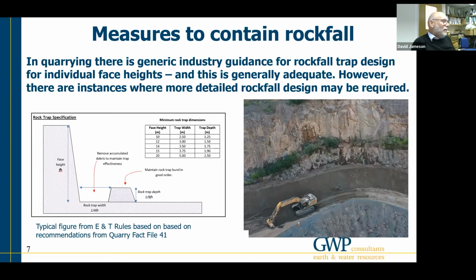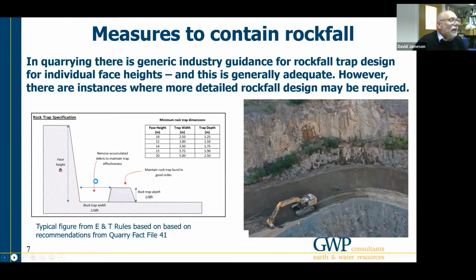So we can see generic based rock trap designs which are industry wide, generally on a rock trap on a bench, you would size it such that the trap is 1/4 of the face height high, and the depth of that trap would be about 1/8 of the overall adjacent face height. And you can see on the right hand side a typical trap on an individual bench being constructed there.